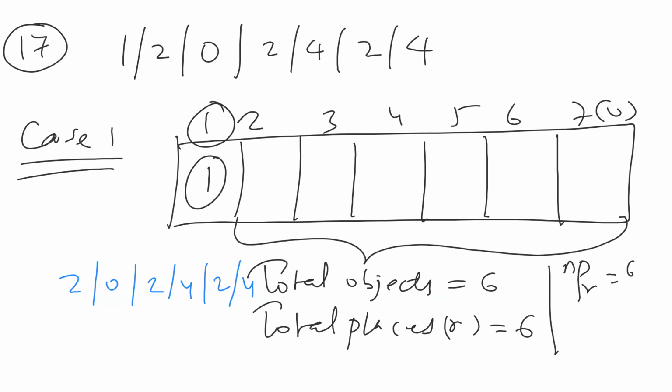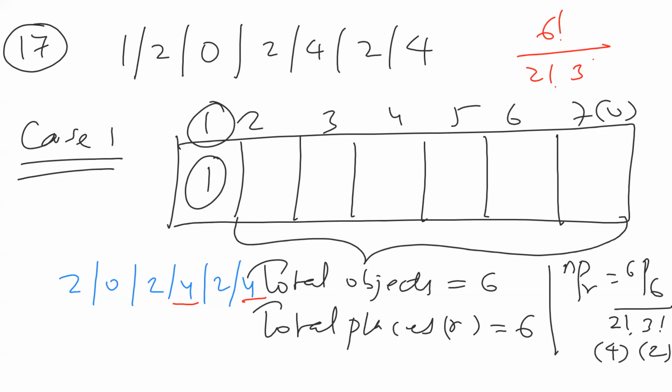So 6P6 upon, 4 is getting repeated twice, so 2 factorial for 4, and 2 is also getting repeated thrice, so 3 factorial for 2. So the answer for the first part is 6 factorial upon 2 factorial into 3 factorial. You can simplify this and you can get the answer.